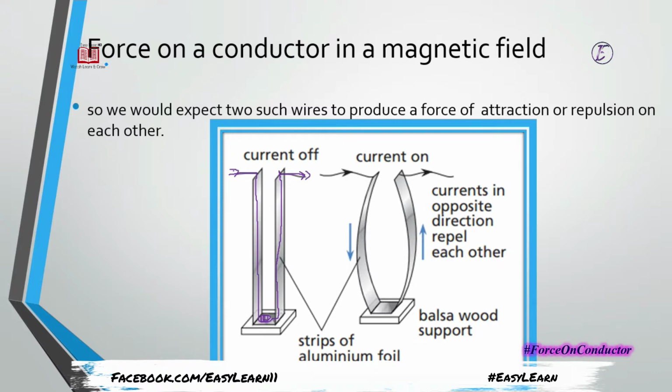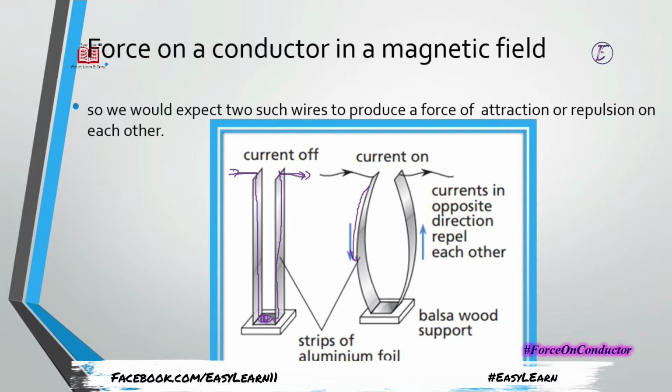So if I turn on the switch, the aluminum foils can experience a force of attraction or repulsion because they are placed very close to each other, and also they are very thin. Suppose I turn on the current, and the current starts flowing from the first aluminum foil.